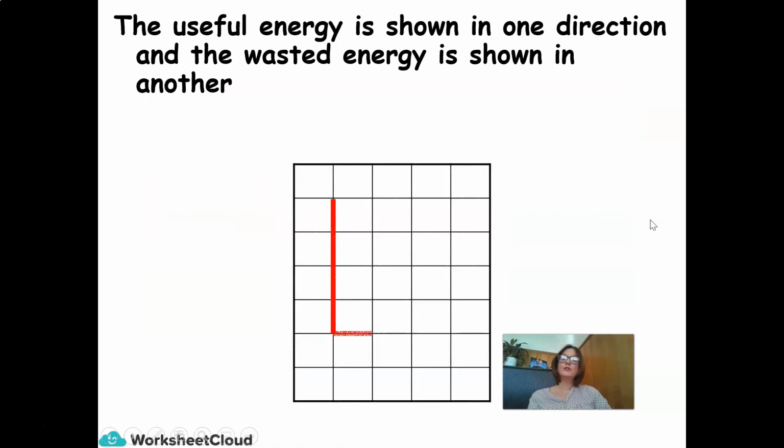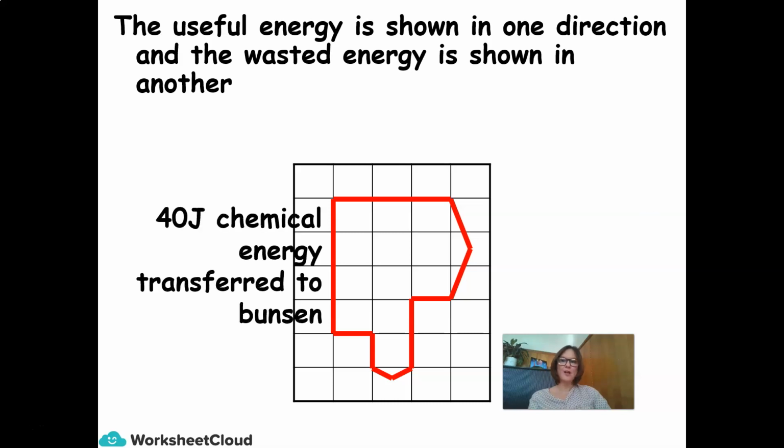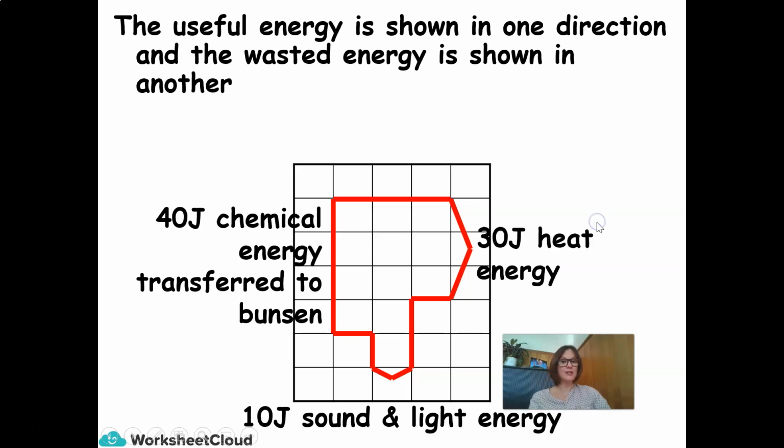So, useful energy is shown in one direction, and the wasted energy is shown in another direction. So we have 40 joules of chemical energy here, transferred to a Bunsen burner. 10 joules goes to sound from the burner as well as light energy, and 30 joules goes to the actual heat energy, which is the main aim of the Bunsen burner.